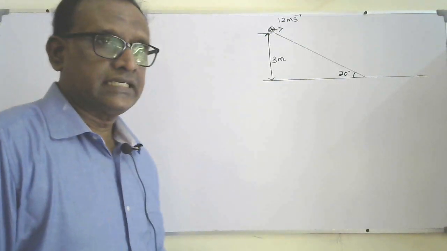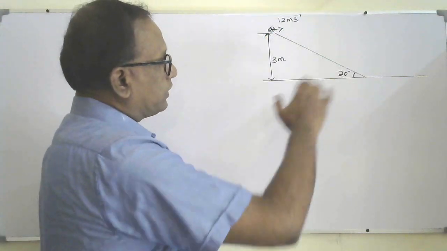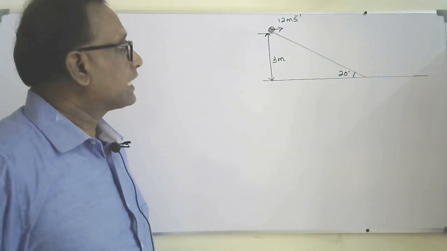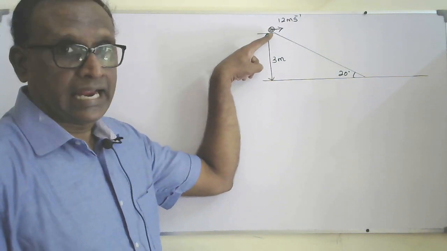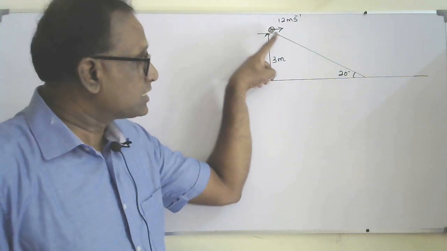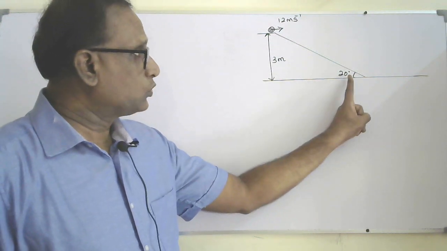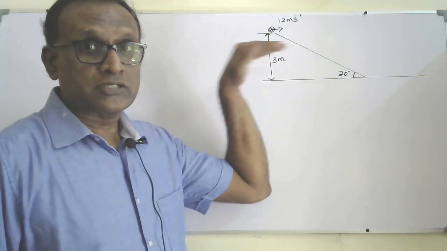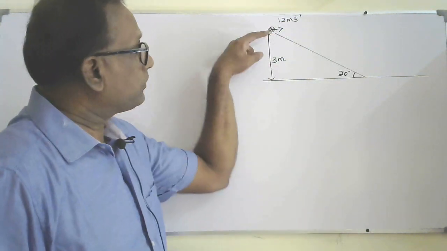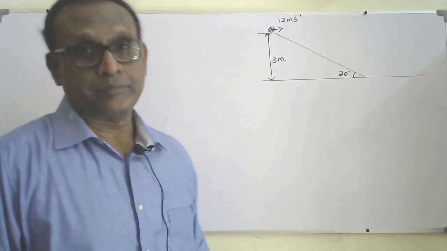Okay, second question, it's on a slope, right? The ball is projected horizontally from a height of 3 meters just at the upper edge of a slope that makes an angle of 20 degrees with the horizontal, at a velocity of 12 meters per second.